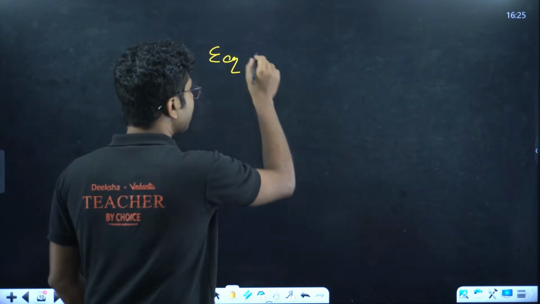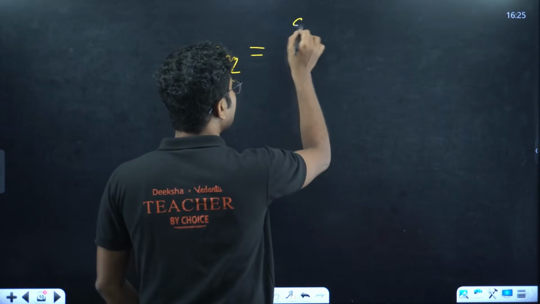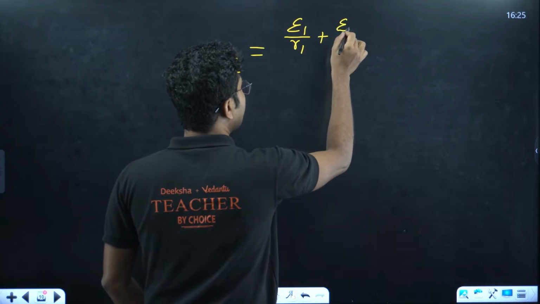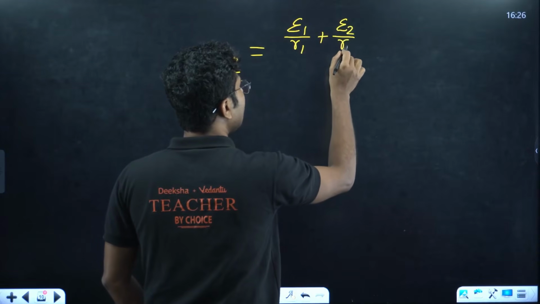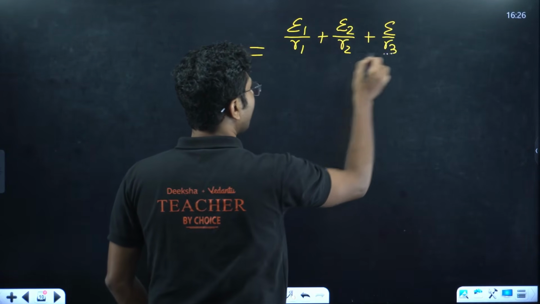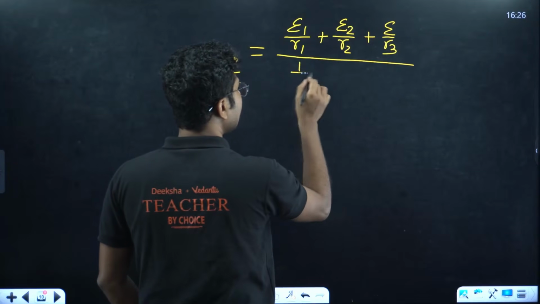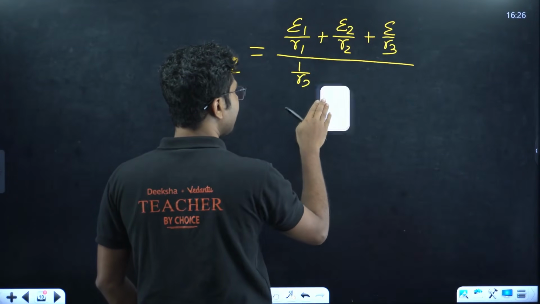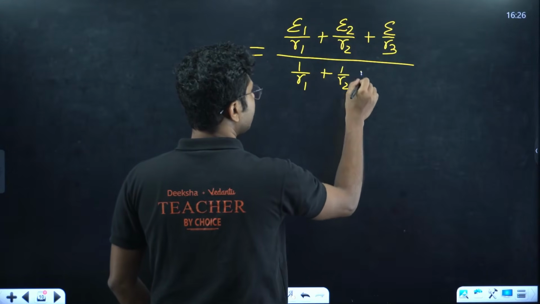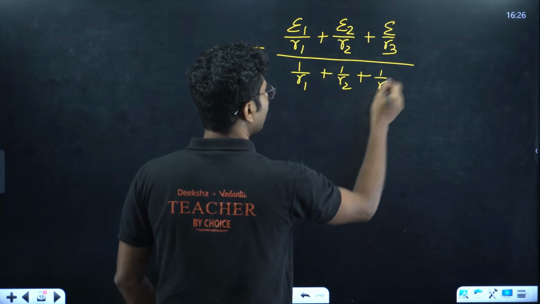Okay, and if they are not the same, then what is the formula? Suppose each of them has epsilon 1, r1, like that. You need to take the individual EMFs divided by their own internal resistance, then divide by the sum of 1 by r1 plus 1 by r2 plus 1 by r3, and so on.